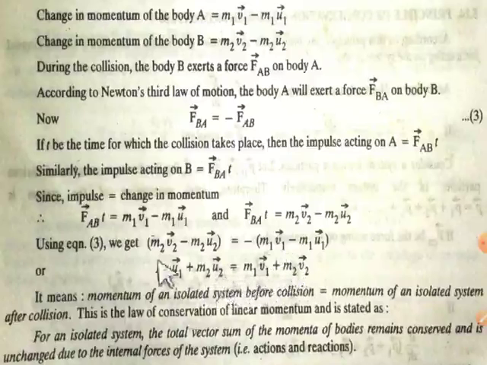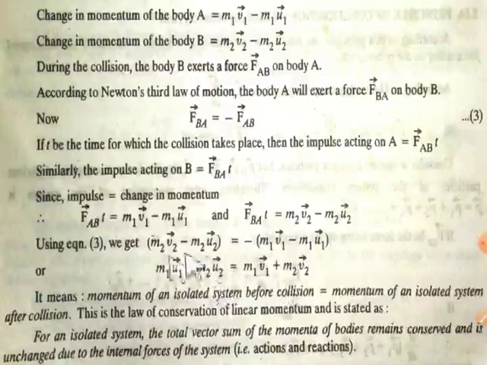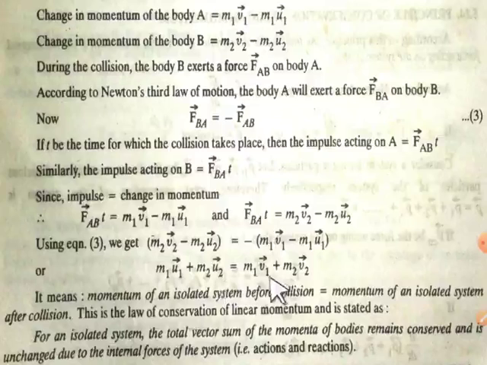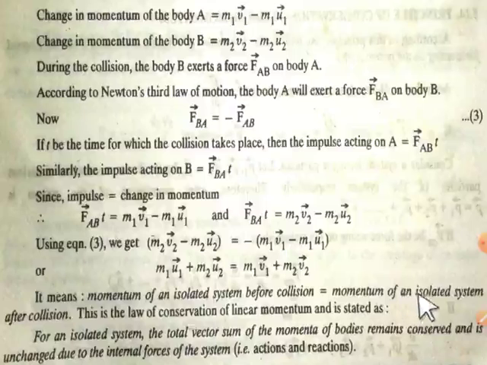Momentum remains the same. There is no change in momentum before and after collision. It is also given here: the momentum of an isolated system, meaning no external force acts on the system, before collision is equal to its momentum after collision.